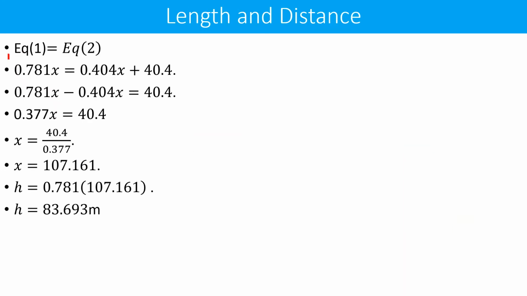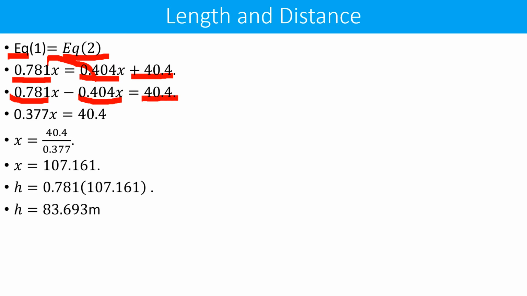Okay, let's see. Therefore, equation 1 should be equated to equation 2. So equation 1 is 0.781x. Equation 2 is 0.404x plus 40.4. Grouping like terms, 0.781x, and this one will now cross here to become negative, so minus 0.404x equal to 40.4.